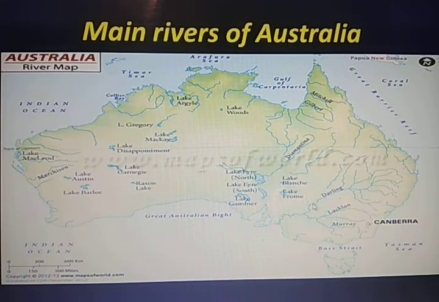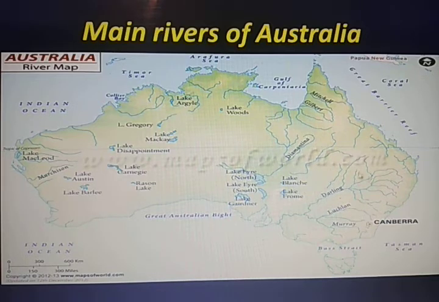We are also getting a few important rivers of Australia in this part. We will find the Murray, which is the longest river of Australia, and the next river is the Darling, right? These two rivers and this entire area produce a basin, so we say it is the Murray-Darling Basin. Here we are getting another river, the Lachlan.